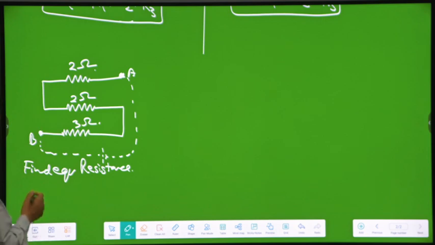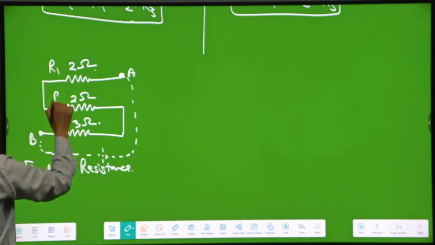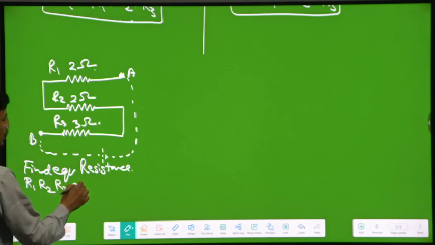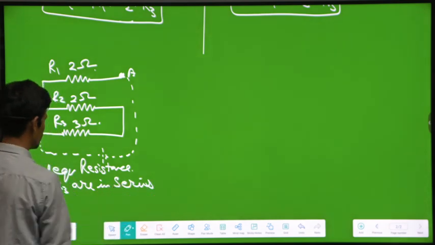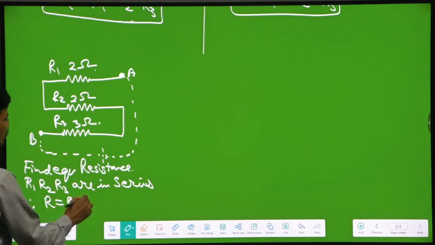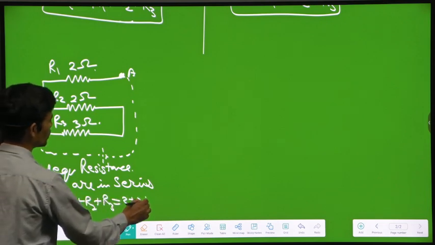Step 1, mark them R1, R2, R3. Step 2, explain R1, R2, R3 are in series. So R is equal to R1 plus R2 plus R3. Then solve.